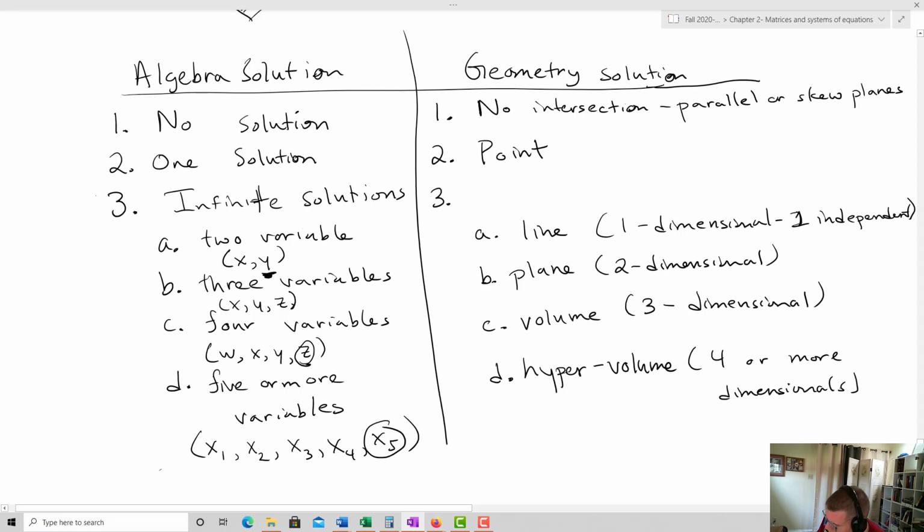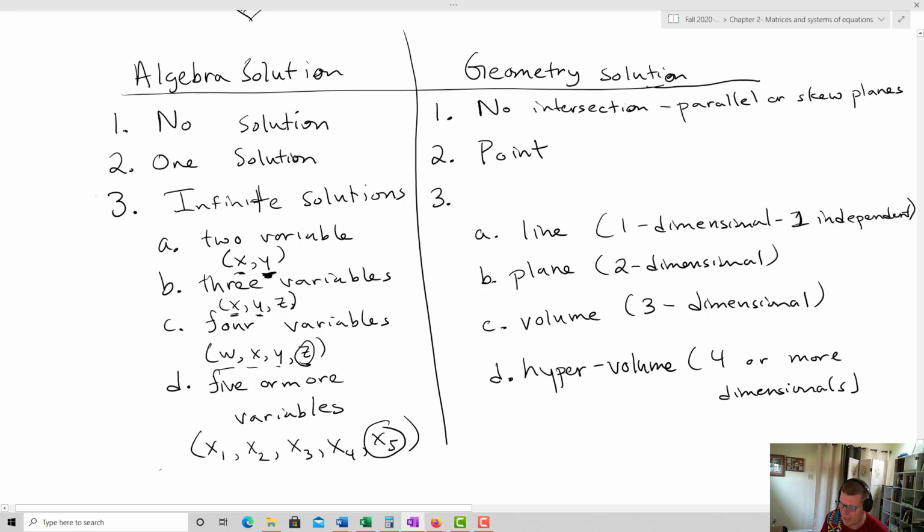So depending upon how many variables there are inside of our geometric solution, that actually changes what we call the infinite number of solutions ones. If we have one independent variable, say x, that's a line. Two independent variables, x and y, that's going to be a plane. If we have three independent variables, like w, x, and y here, we're going to have a volume.